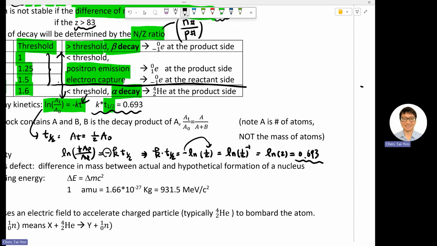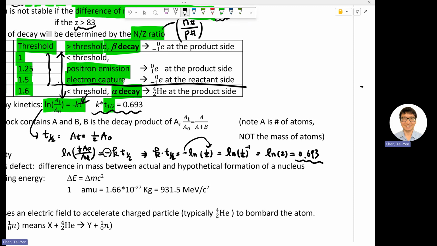One thing that you want to be very careful about is that in your questions, they may provide the mass of your undecayed product A and decayed product B. You cannot use the mass for this equation. You must use the number of atoms or moles of atoms.